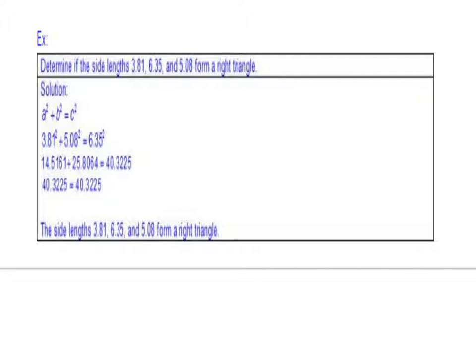Well, what about if we determine 3.81? So 3.81 is one small one. So then I got 5.08, and that must equal 6.35. So if we square 3.81, we would get 14.5161.